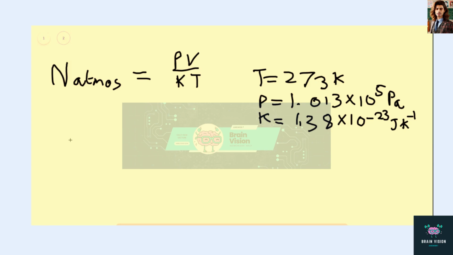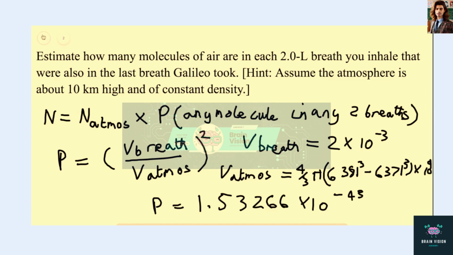Plugging that all into a calculator, we get N atmos is equal to 1.3967 times 10 to the 44.